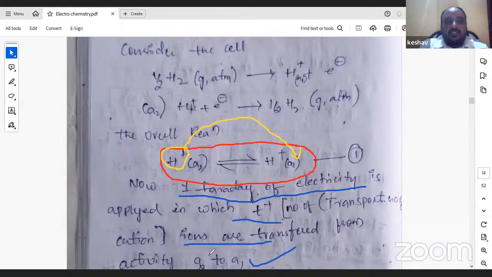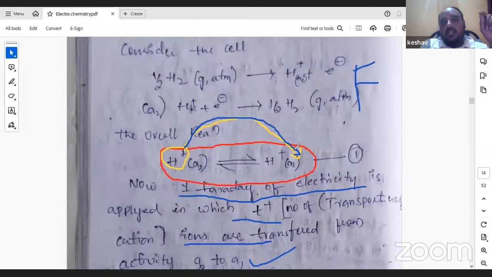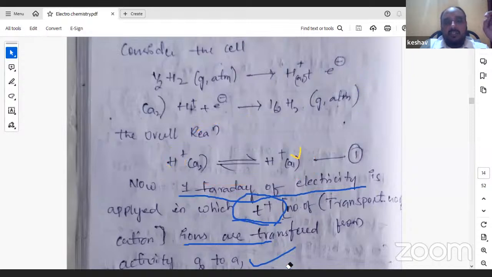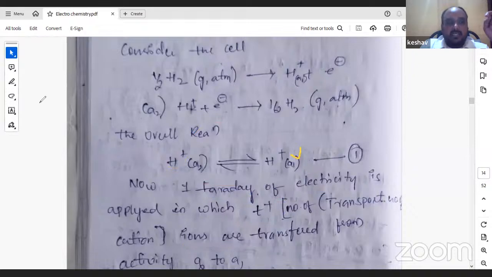What it concludes is how ions are transferred from one electrolyte to the other: by application of 1 Faraday of electricity. If 1 Faraday of electricity is applied, how many H+ ions are transferred from activity A2 to activity A1? That number can be represented with its transport number, that is T+. T means transport number, plus represents the cation.